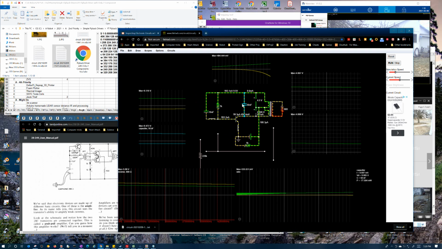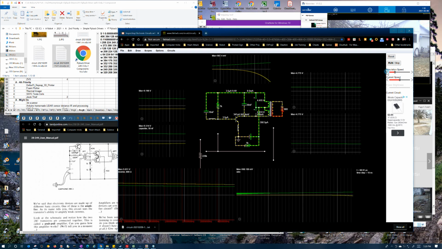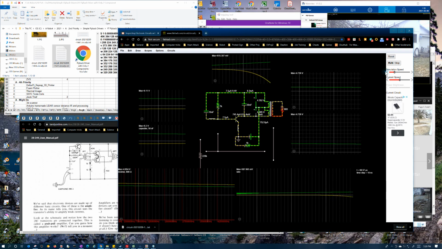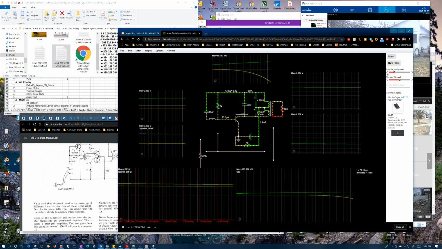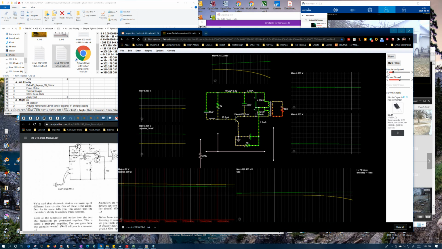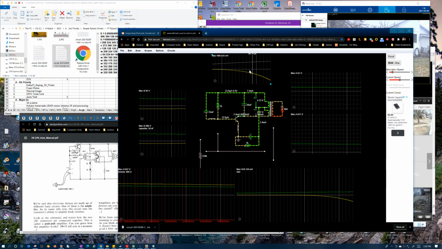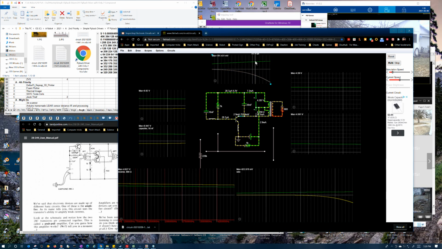This capacitor, you can see, is starting to do something interesting. Yeah, because the hash has all disappeared now, so that's good. It's figured out where it is now.